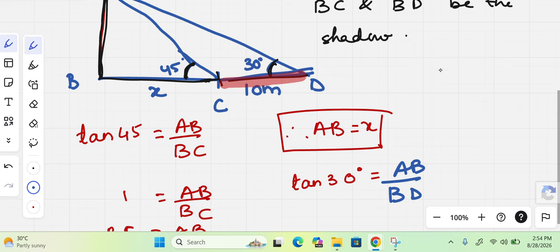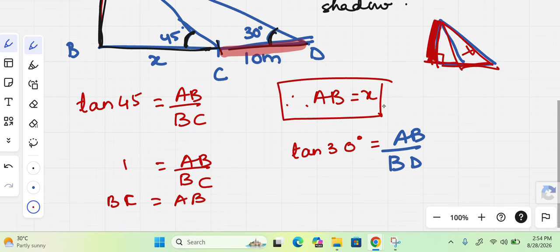Remember, for trigonometry, you always need a perpendicular, and you need a right angle triangle, right? So you cannot consider only this part. No, this is wrong. This is your perpendicular. So your triangle is always from here. This side is included.